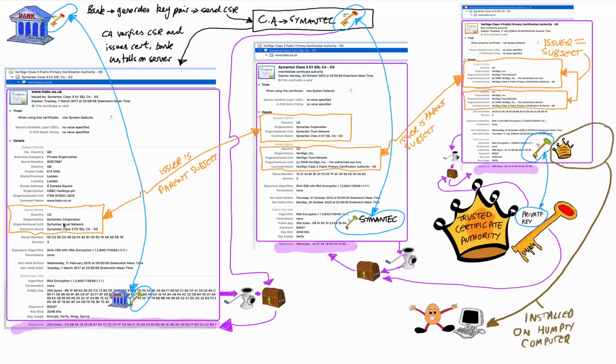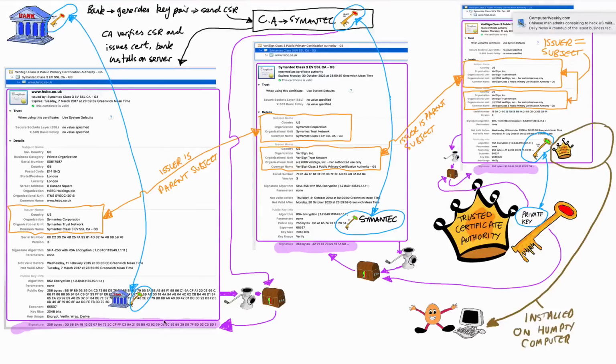Fine, it's HSBC. Find the public key corresponding to that issuer, and that's the HSBC public key, and decrypt the signature and make sure that the hash and the decrypted signature are the same. Fine, that works perfectly fine, right? The hashes add up, etc.